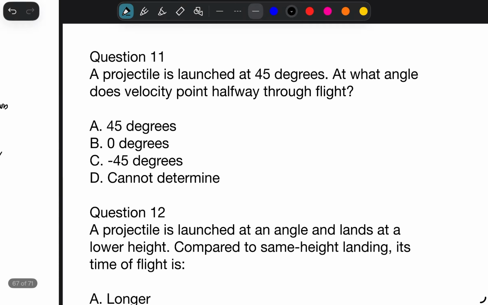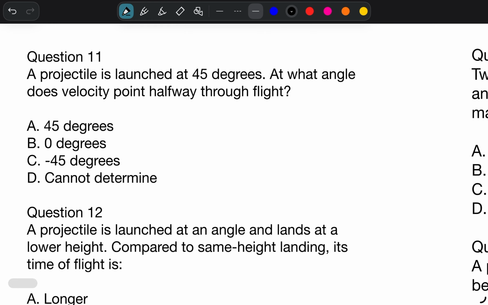Now, for our next question, we have a projectile launched at 45 degrees. At what angle does the velocity point halfway through the flight? Well, when we have projectile motion, we always have this parabola shape, and we are going to be launched at 45 degrees. In this scenario, we're going to have the same launch and the same ending height.